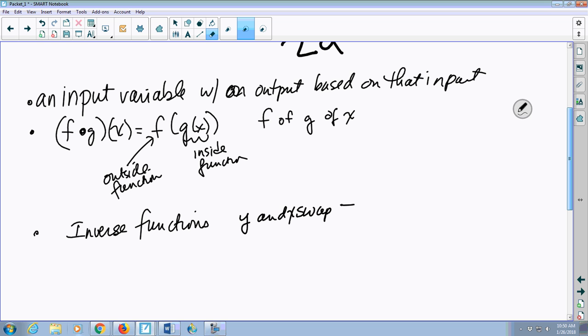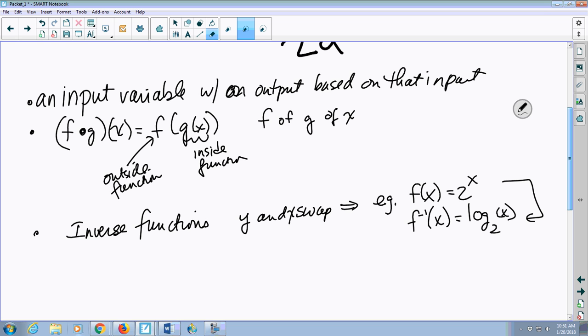And then what were you saying for your example? I think you mean 2 to the X. And its inverse is log base 2 of X. Okay, close, but that's good. Hey, got to jiggle out those cobwebs. All right. Yes, exponentials and logs are inverse functions of each other.